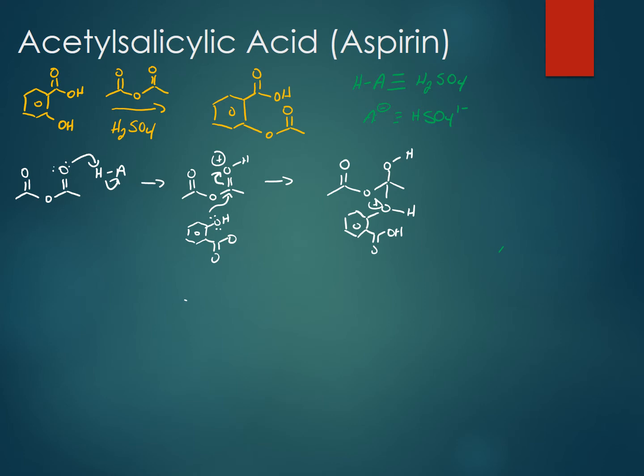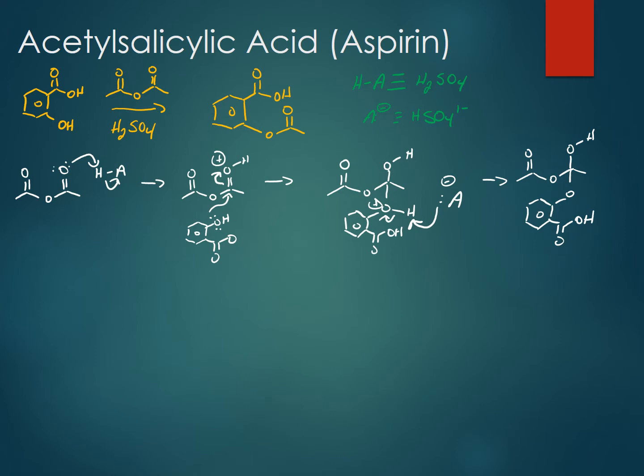Now something needs to come in and clean up a little bit: the conjugate base, the A minus, comes here and grabs that hydrogen. And so we end up with this after that first set of arrows. Just clean up a couple of stray marks there.